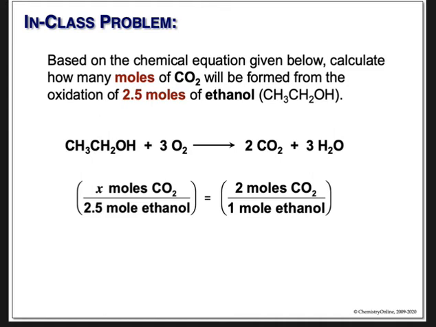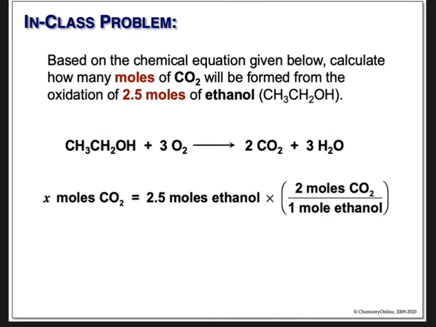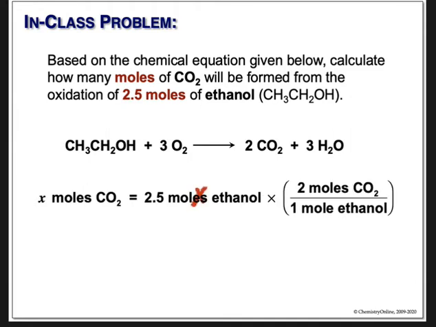I will take this and multiply it by this side, and we get this guy. Once we're at this point, we can easily see that our moles of ethanol cancel. And again, our math is simply 2.5 times 2 divided by 1, or 5.